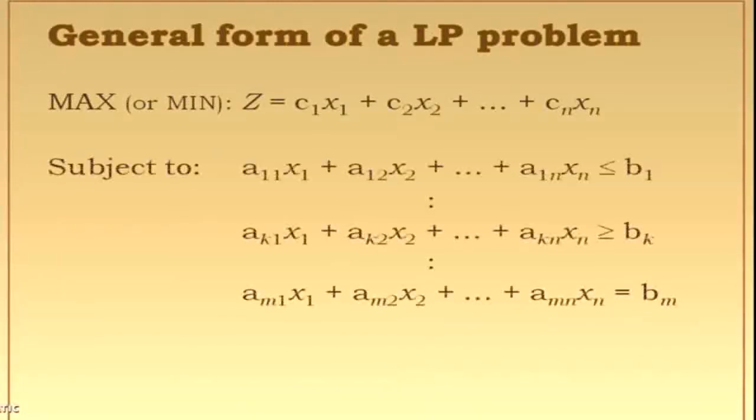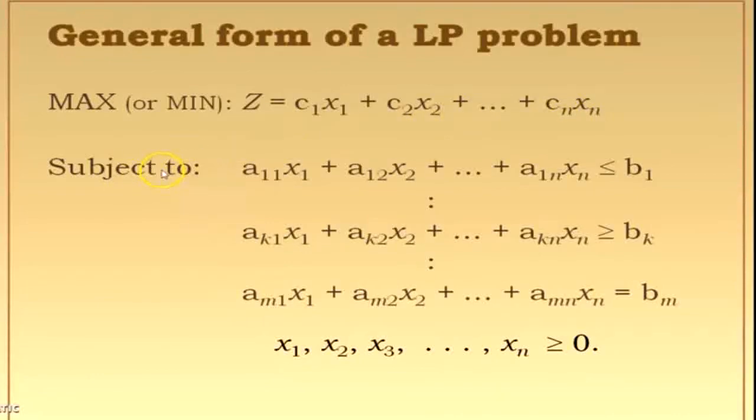This is the general form of an LP problem. The first line is the objective function, either maximize or minimize z. We can see here x1, x2 until xn represent decision variables.